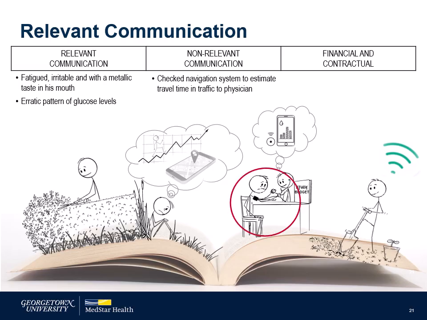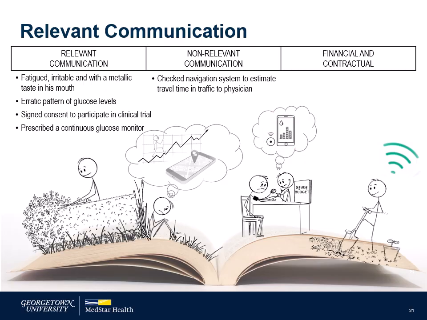John signed the informed consent to participate in a clinical trial. And this is relevant communication because it is the original primary record of a subject's involvement in research. John was prescribed a continuous glucose monitor, and a prescription is an original record of a subject's medication or treatment.